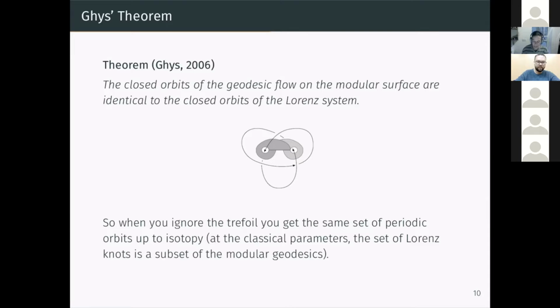So he constructs the template for the geodesic flow, and he gets this branched template, which is exactly the Lorenz template. So it's exactly the template that you would get from considering the geometric model of Lorenz and crushing it in one direction.